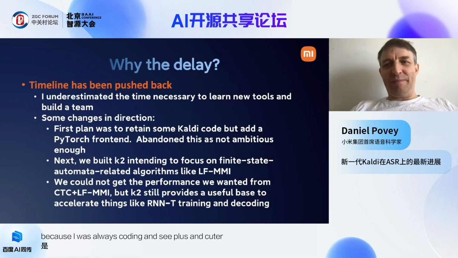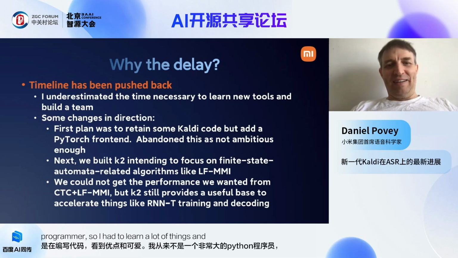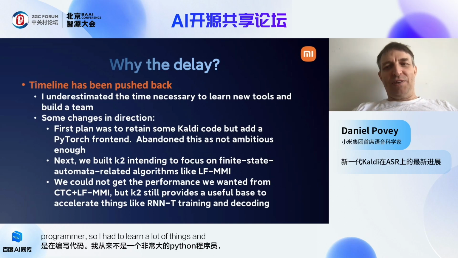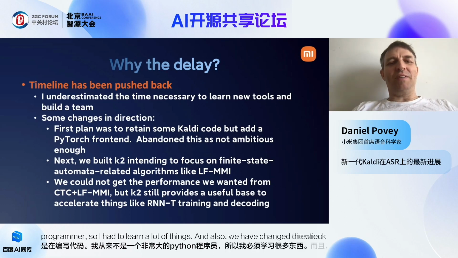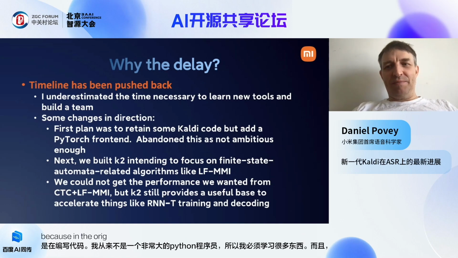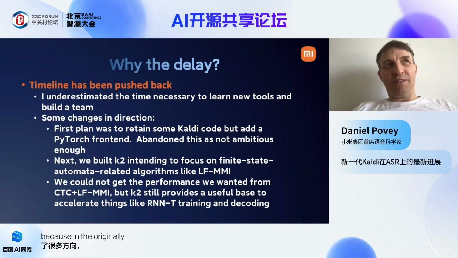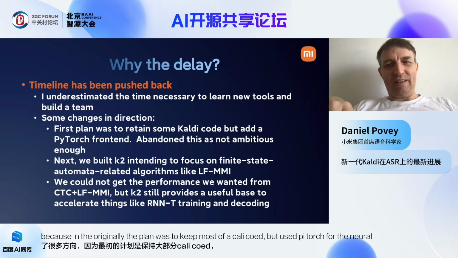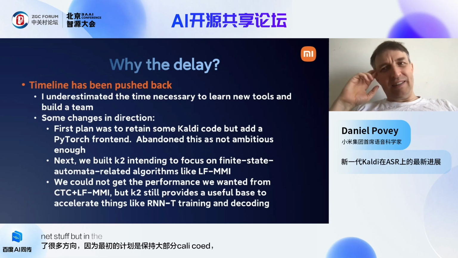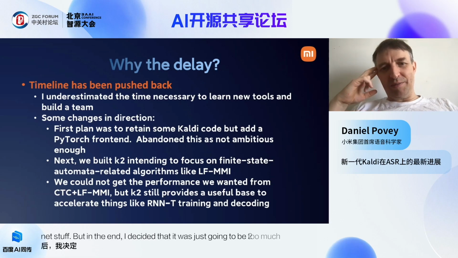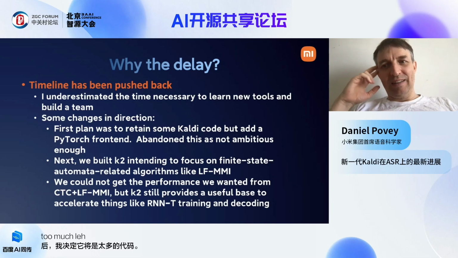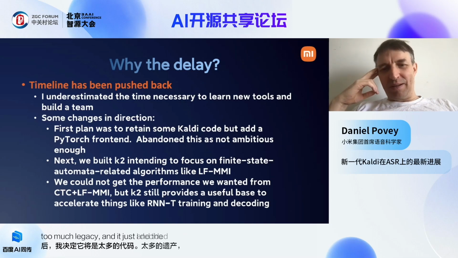I was never a very big Python programmer, so I had to learn a lot of things. Also, we've changed direction quite a lot, because originally the plan was to keep most of the Kaldi code, but use PyTorch for the neural net stuff. But in the end, I decided that it was going to be too much code, too much legacy, and it was not a good plan.